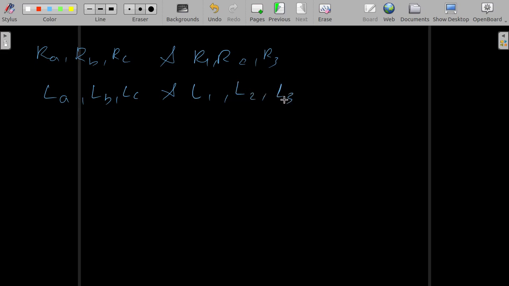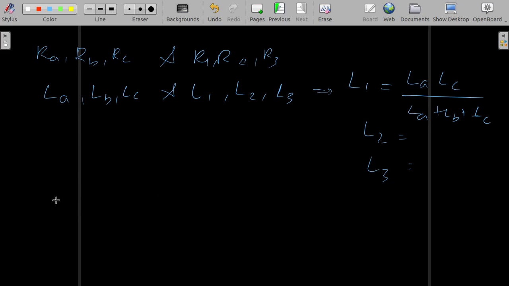Then L1 would be LA LC divided by LA plus LB plus LC, and L2 similar to that, L3 similar to that. Just continue with the logic.